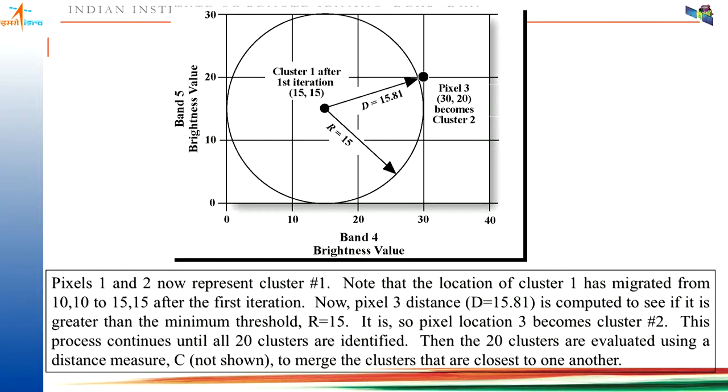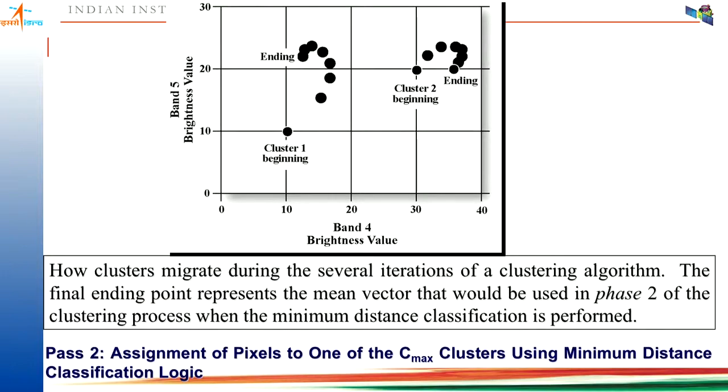It will go to pixel number 3 and evaluate whether pixel 3 should go into the existing cluster or form a new cluster. It will find the Euclidean distance between pixel 3 and the mean of cluster 1. This Euclidean distance comes out to be 15.81, which is more than the specified R value of 15, so it will create a new cluster.